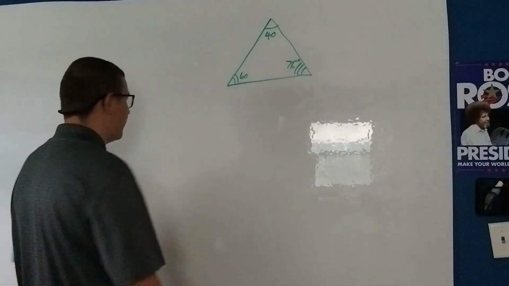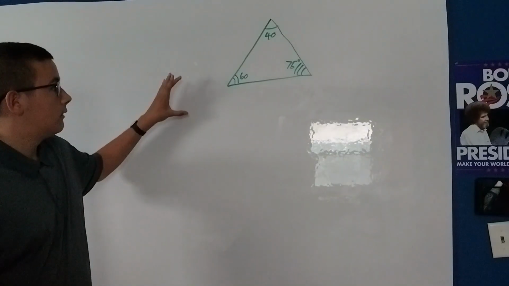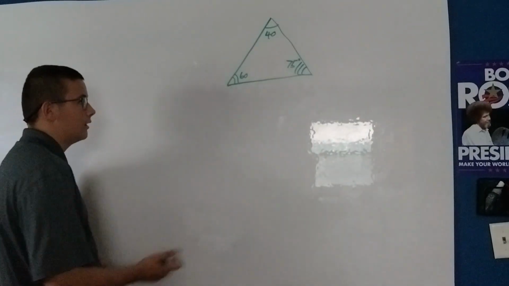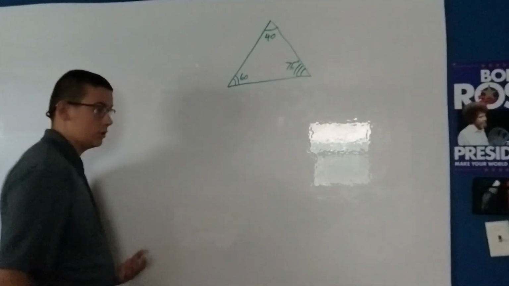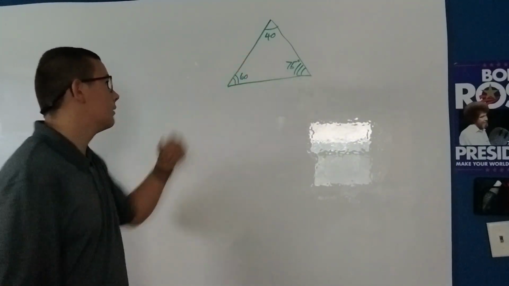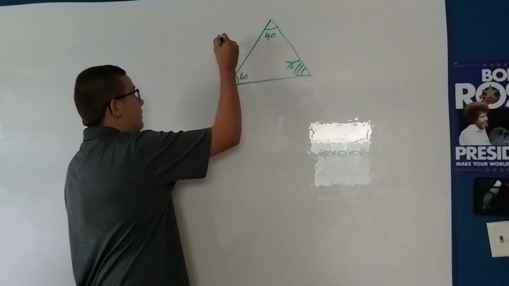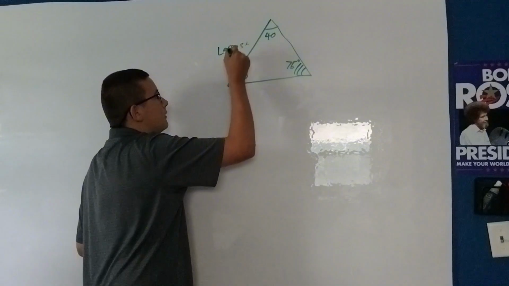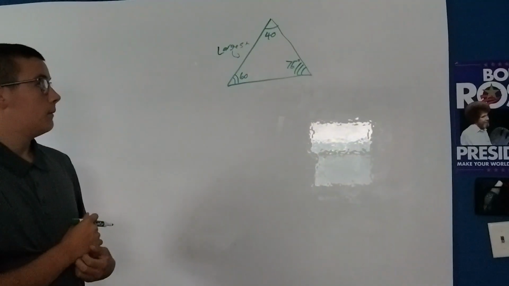Like that? Yeah, that equals 180. And I ask you, what's the longest side of the triangle? Well, you can look and go, 75 is the largest angle, and the side opposite would be this right here. So you could say that that is the largest.